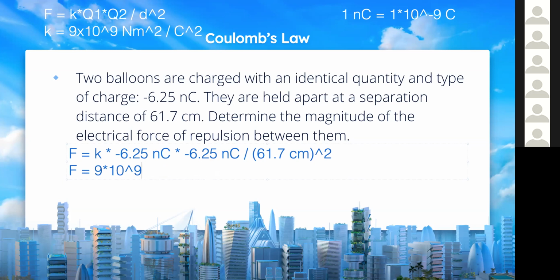I'm just going to leave that as K. I want to avoid confusion here.